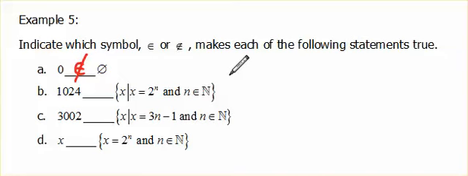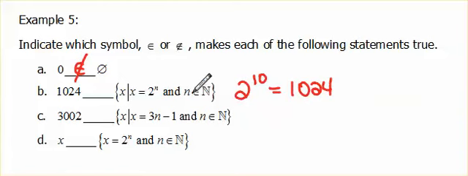Hopefully you thought about it and didn't just give up. If you played around with some numbers, then you would know that 2 to the 10th power is 1024. So 10 is a natural number, so that would fall in the pattern of 2 to the n. So 1024 is an element of that set.